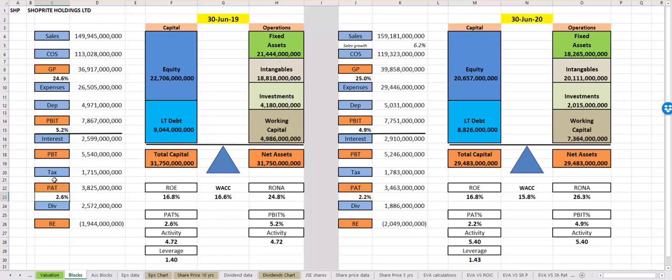So noticeably, the operating profit, or EBIT as some people will know it, has gone from 5.2% down to 4.9%, and that is something that we're seeing over many years, certainly over the last 3 years, 4 years with Shoprite, is pressure on these operating margins. And at the profit after tax level, it has gone down from a 2.6% profit number to a 2.2% profit number. So again, pressure on margins.